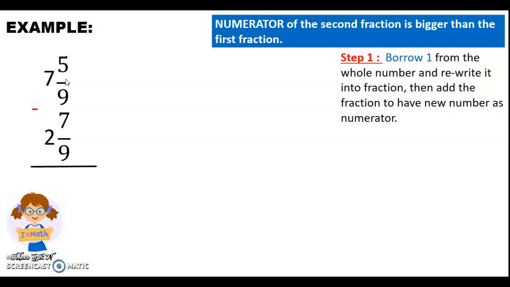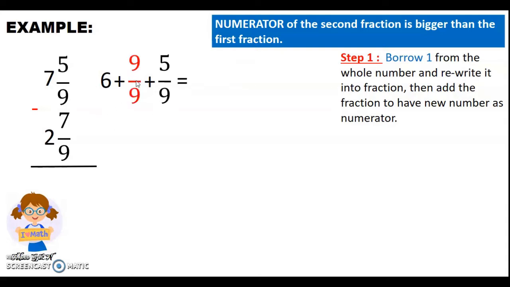So we will borrow 1 from 7 and make it a fraction. Our first fraction is 7 and 5 over 9. We can rewrite it as 6 plus 1 plus 5 over 9, because 1 and 5 over 9 is the same as 7 and 5 over 9.